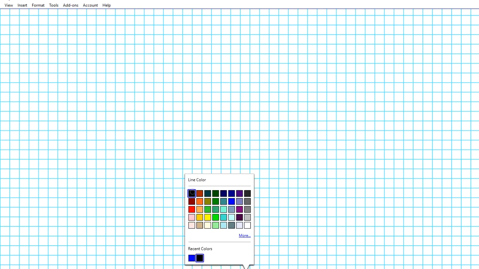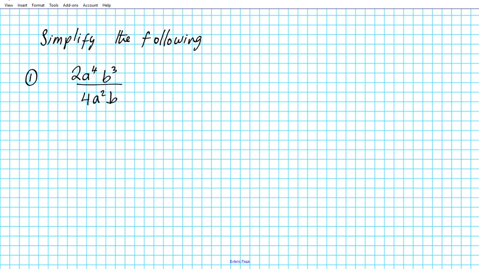All right, let's take a look at some problems. The instructions are for us to simplify the following. So question 1, let's say we have the quotient 2a to the fourth, b to the third, divided by 4a squared b.